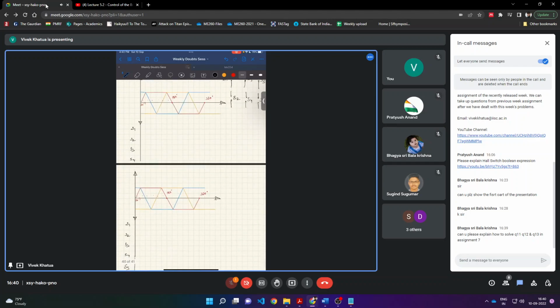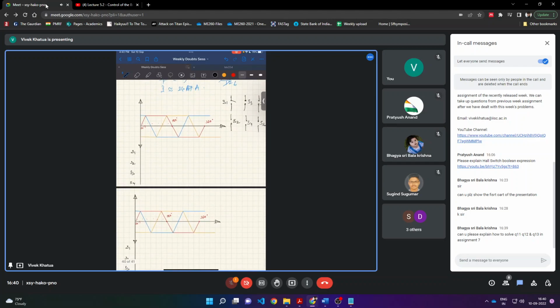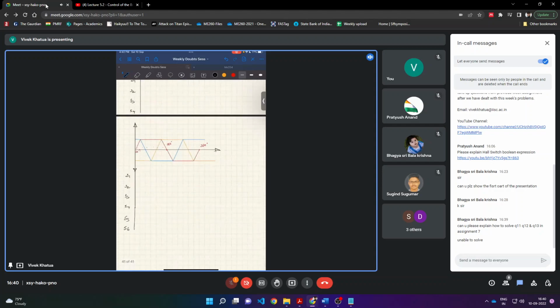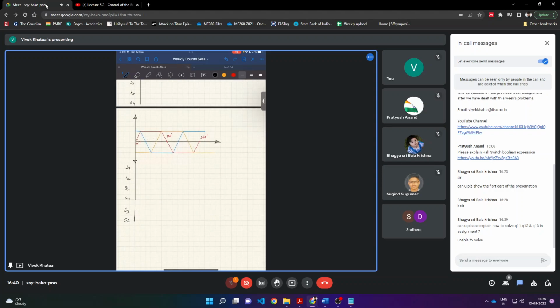So okay, here for the blue phase, you can see in the first 30 degrees S5 is operational. So this is going to be plus.